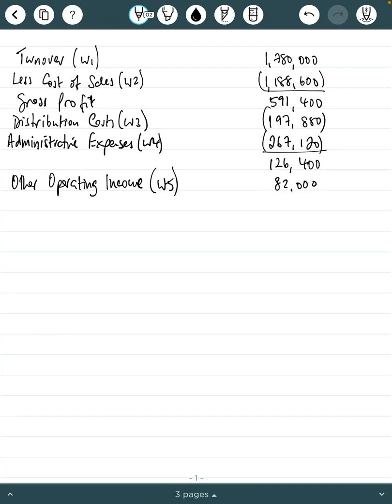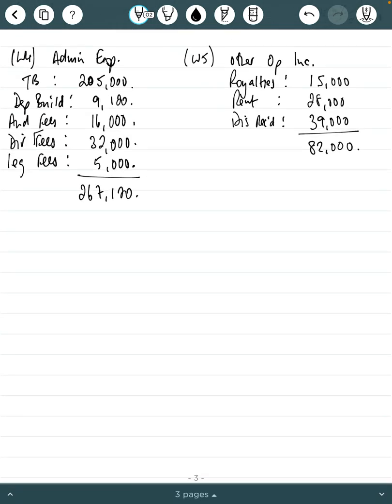Now the next entry that we have is our investment income. This just requires a very quick small working. So working 6, investment income. If we want to work out our investments here, we just come up to our trial balance, see that's 6% investments, 300,000.